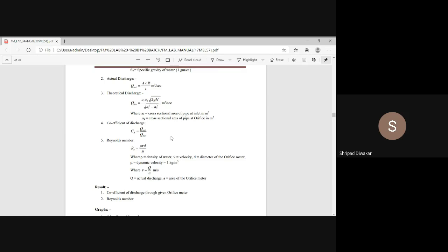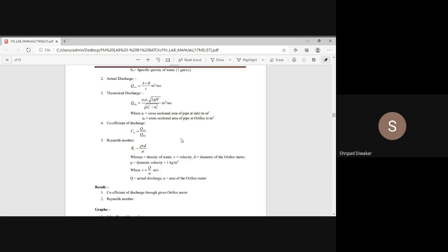So the same experiment we are going to calculate using the venturi meter also, same formula, no change. Whatever formula you are using, these are the formulas common for the experiment. One is orifice meter, one is venturi meter, and one is nozzle. That's why try to understand this formula.